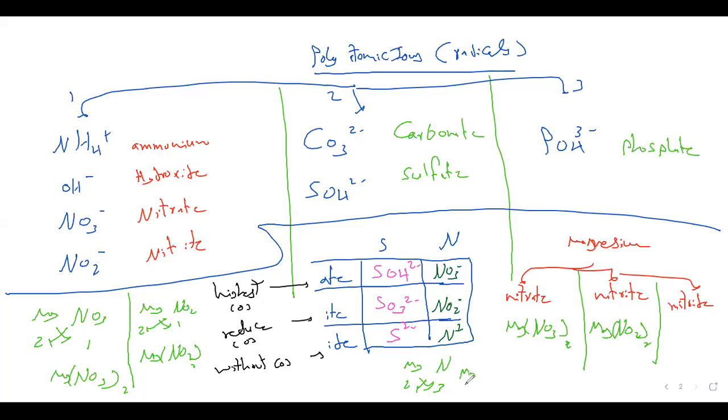So it will be Mg3N2. So this is magnesium nitrate, magnesium nitrite, magnesium nitride. Okay. So try to write the chemical formula for each of the following.